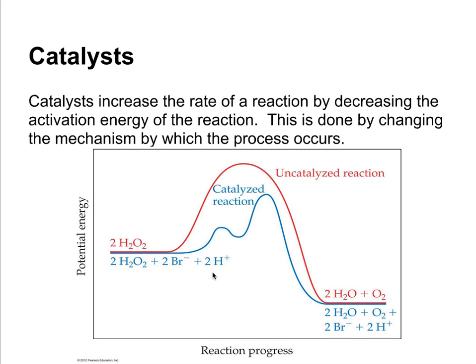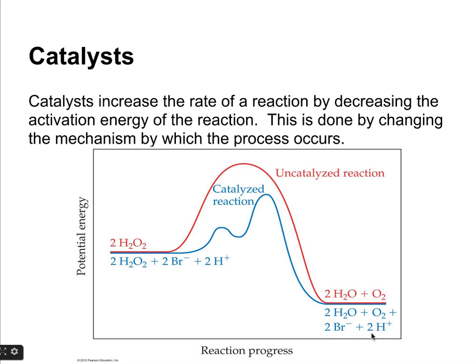The activation energy is not as high as the uncatalyzed reaction, and it's not a smooth curve either. There are two extra steps going on because it's changed the mechanism of the reaction. What's important to remember about a catalyst is it goes into the reaction early on and is produced again at the end of the reaction.